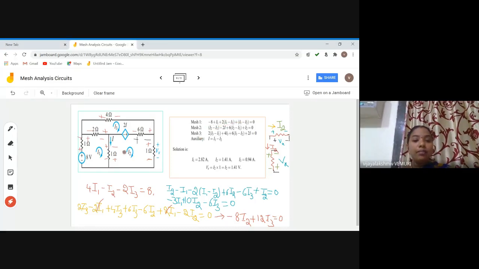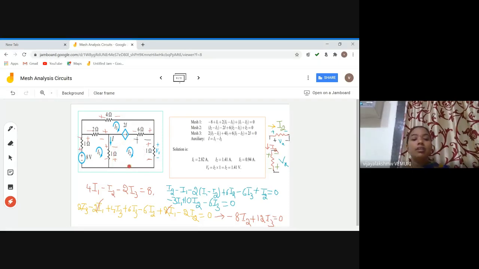Now coming to the second mesh, there is a dependent source, that too a voltage source. Whenever you have a voltage source in between two meshes, there is no problem in writing the KVL equation, because you are writing Kirchhoff's voltage law equation. You can write it even though you have a voltage source, because it is itself a voltage. But whenever you have a current source, you can't equate current to a voltage equation.